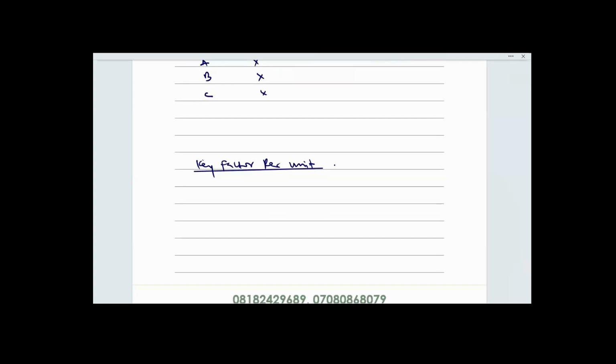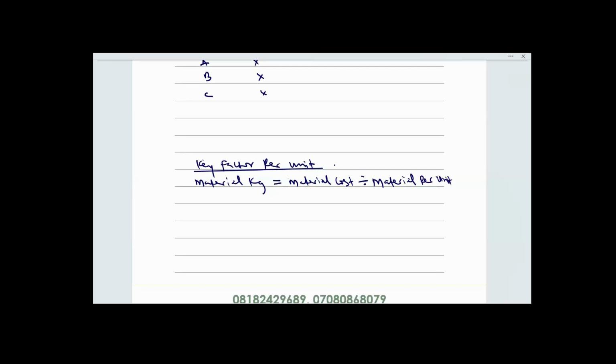Therefore, material kilogram per unit is calculated as material cost divided by material cost per unit. This will give you the material kilogram per unit.